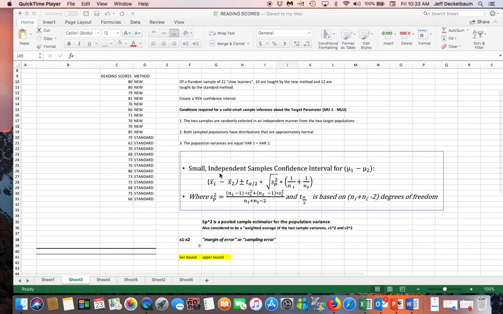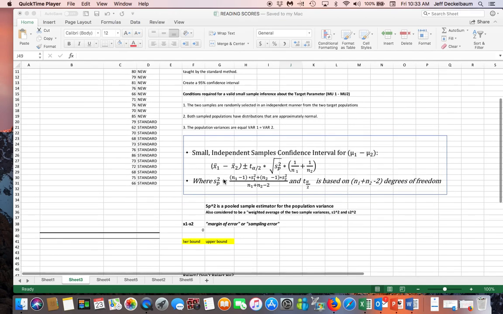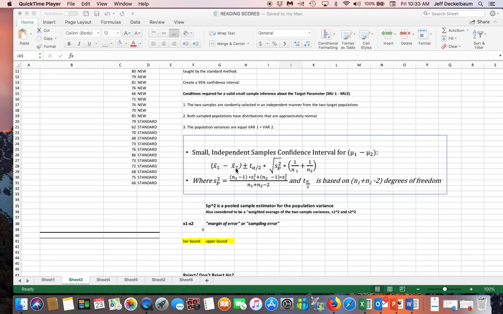The equation for a small independent sample confidence interval for mu1 minus mu2 is the difference x1 minus x2, which are the sample means of the new method versus the standard method, plus or minus our t alpha over 2 score times the square root of a pooled variance times 1 over sample size 1 added to 1 over the observations in sample 2.